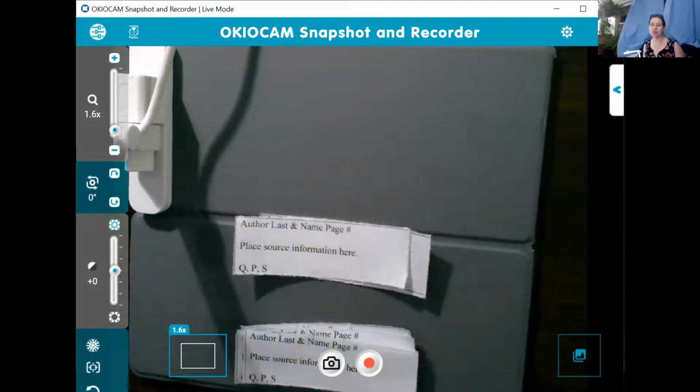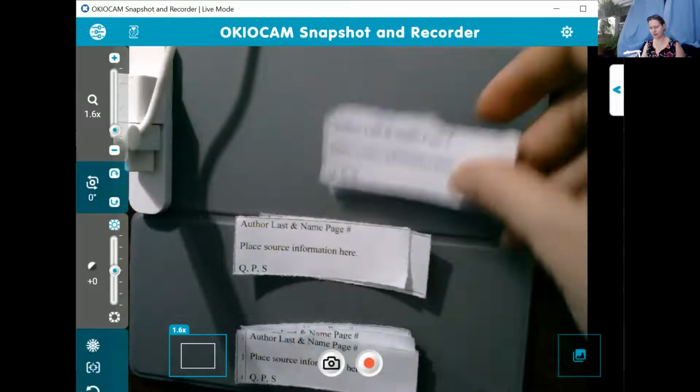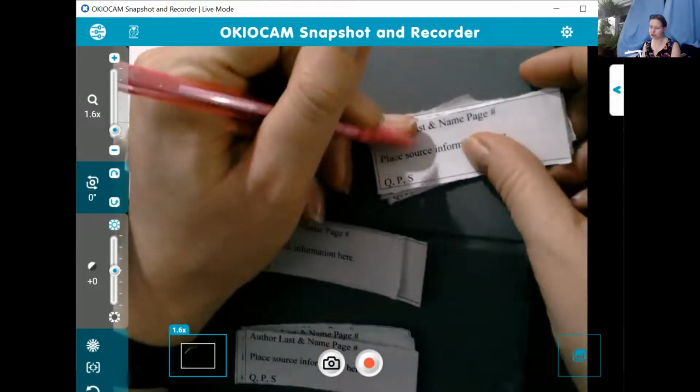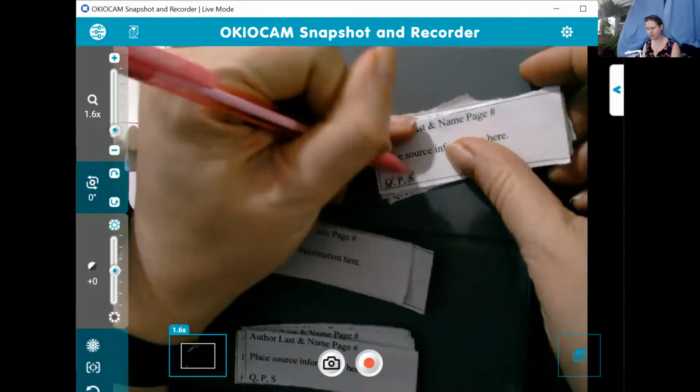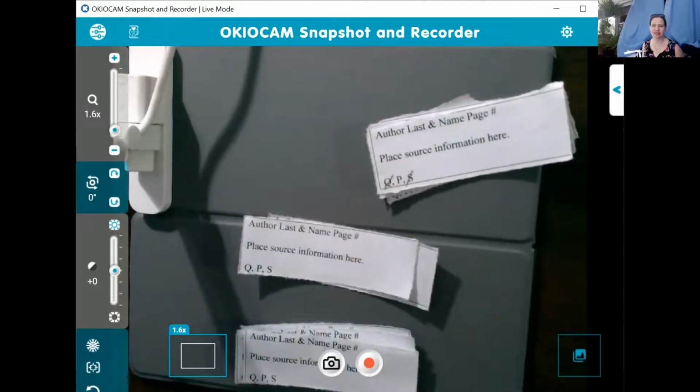If you have too many quotes, you want to look at all of the quotes for that stack and decide which quote is an absolute must, which one you need, and then which ones should you turn into a paraphrase or a summary. You can note the ones that you want to change by using a pencil, because what if you change your mind? And you can mark it with the P or the S, paraphrase or summary, to remind yourself to make that change when you actually type up your paper.